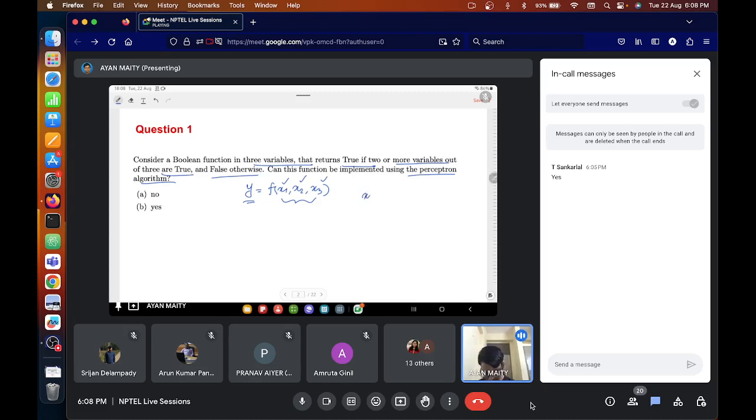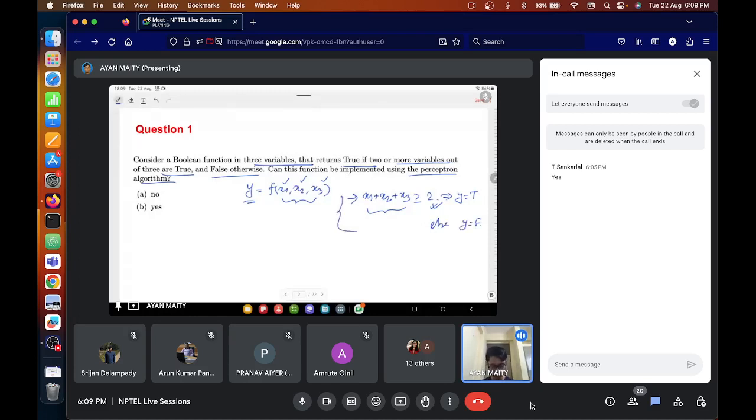So the decision function we can write like this: x1 plus x2 plus x3 greater than or equal to 2, because if at least two of these three variables are true, then this value would be at least 2, isn't it? If this condition is satisfied, then y is true, else y is false.